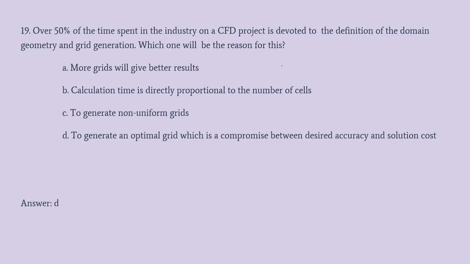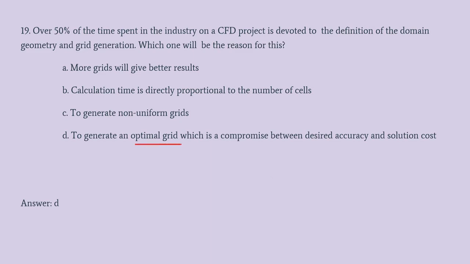Okay. Does anyone know this? If we have a new geometry in our hand, how can we reach such an optimal grid? So there, we do a grid generation test, something like that.